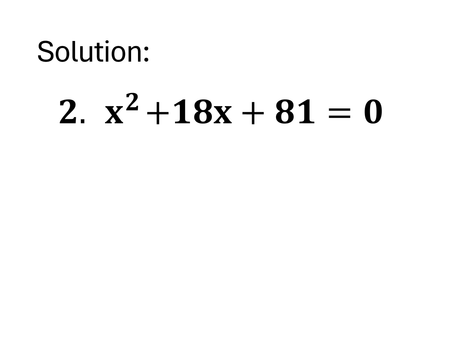Number 2 equation, x squared plus 18x plus 81 equals 0. To solve this equation, step number 1, arrange into standard form. This is already written in standard form, right? Then, what is the leading coefficient? Yes, the leading coefficient is 1.